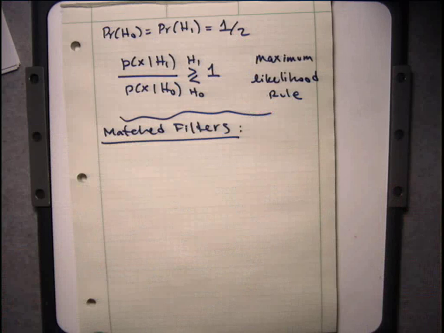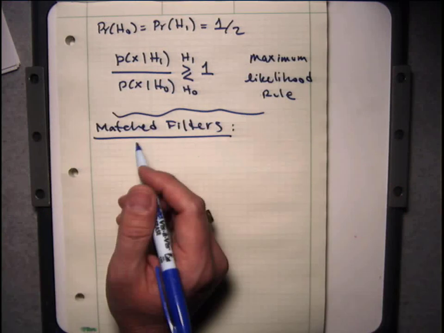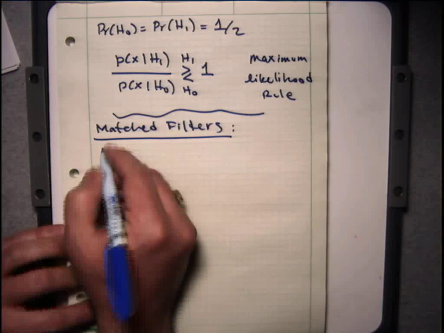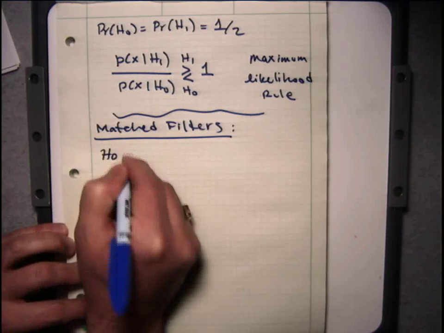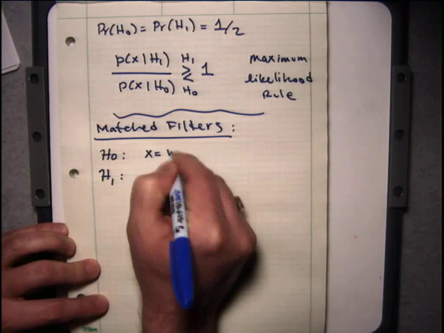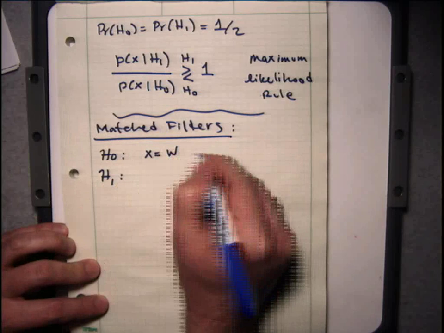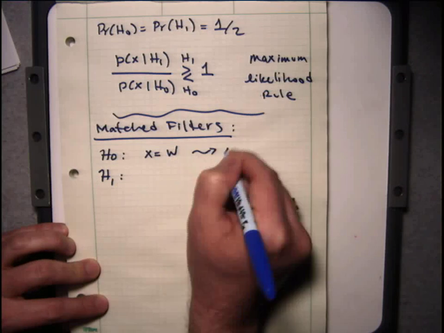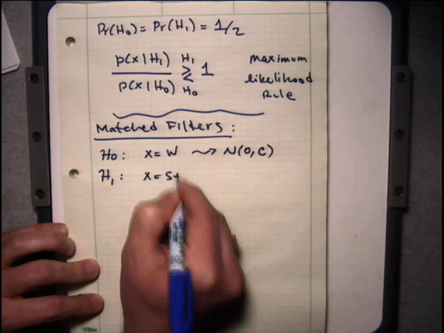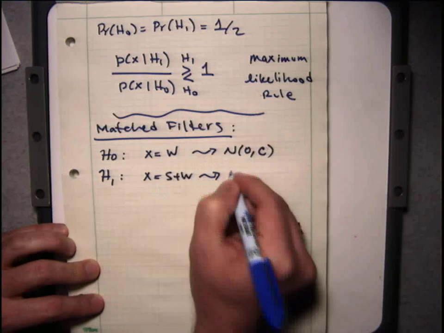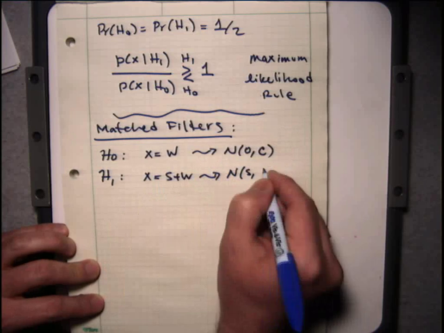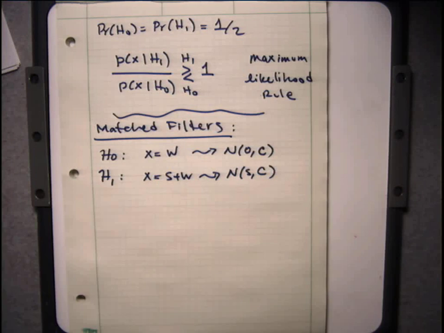Okay, so the matched filters were the general Gaussian formulation where we had, let's say, two hypotheses, H0 and H1, where here X is just some noise, where W is a Gaussian with 0 mean and covariance C, and in this case it's S plus W, and in this case then the data is going to be mean S and covariance C. Okay?